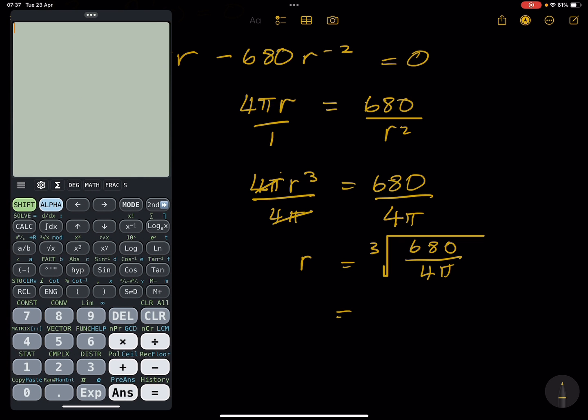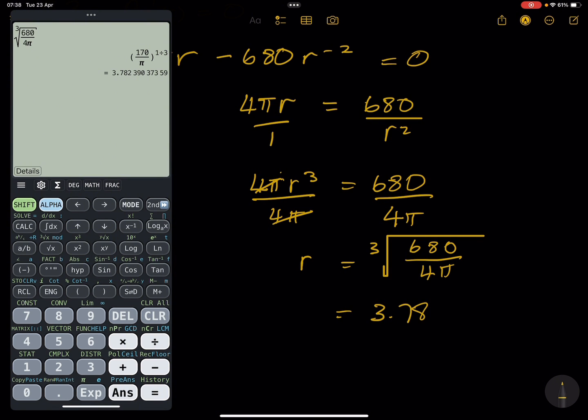Let's see, what do we get there? So if we say the cube root of 680 divided by 4 pi, I get 3.78.